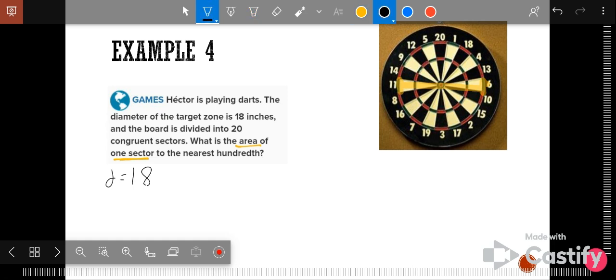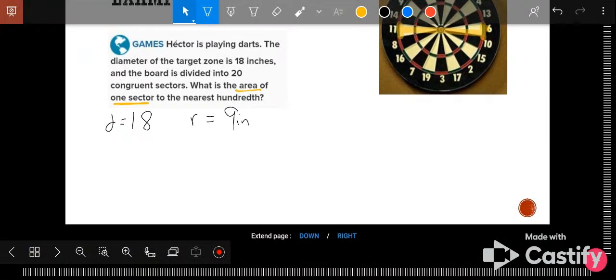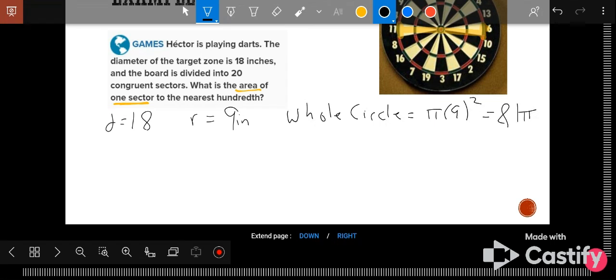So we cut that in half and the radius is just 9 inches. There are two ways to think through this problem. You could do the whole circle, which would be pi r squared. Pi times 9 squared is 81 pi.